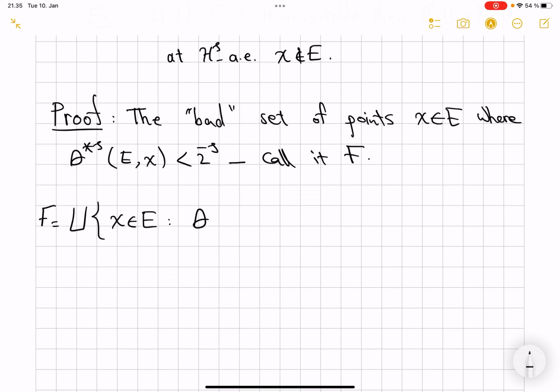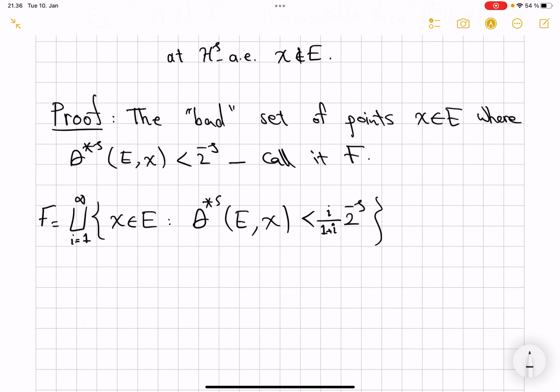A number being less than 2 to the negative s means that it's less than some i over 1 plus i, like 90% of 2 to the negative s, for some i. So if you're strictly less than a number, you're strictly less than a fraction of that number, provided that we allow arbitrarily large fractions close to 1.